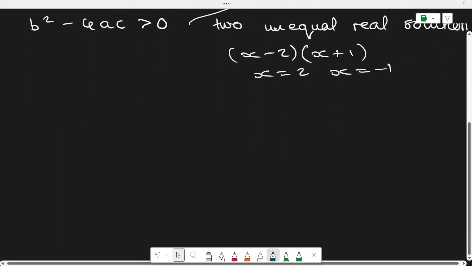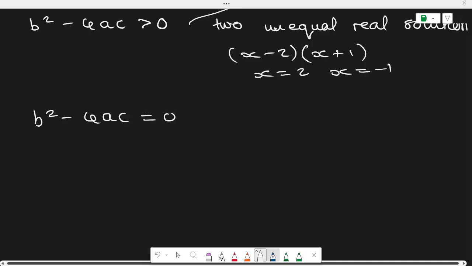Well, what if it was equal to 0? What do you get? If it is equal to 0, what you get is one real solution.